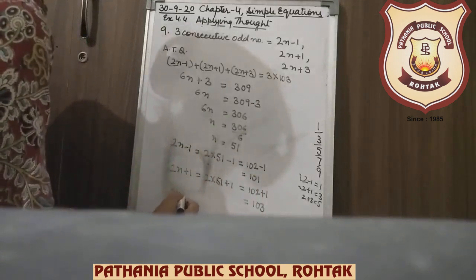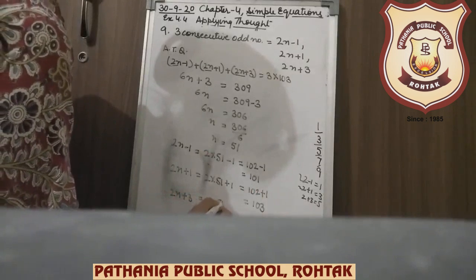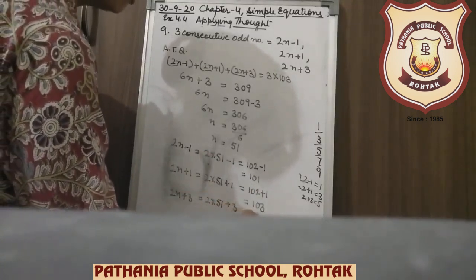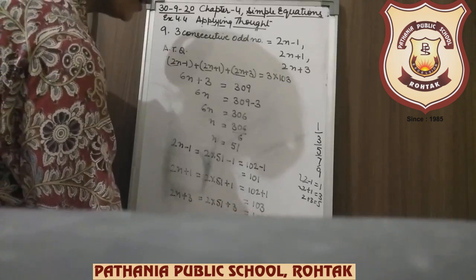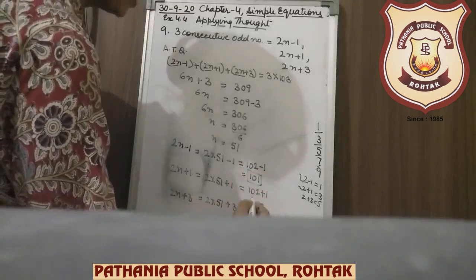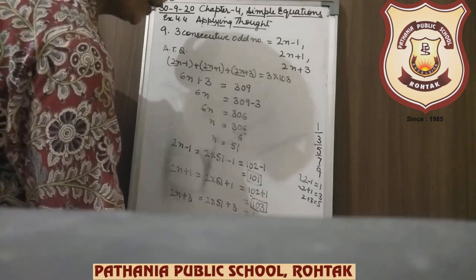Then 2n plus 3, that is 2 multiplied by 51 plus 3, which is equal to 102 plus 3, that is 105. So your three numbers are 101, 103 and 105.